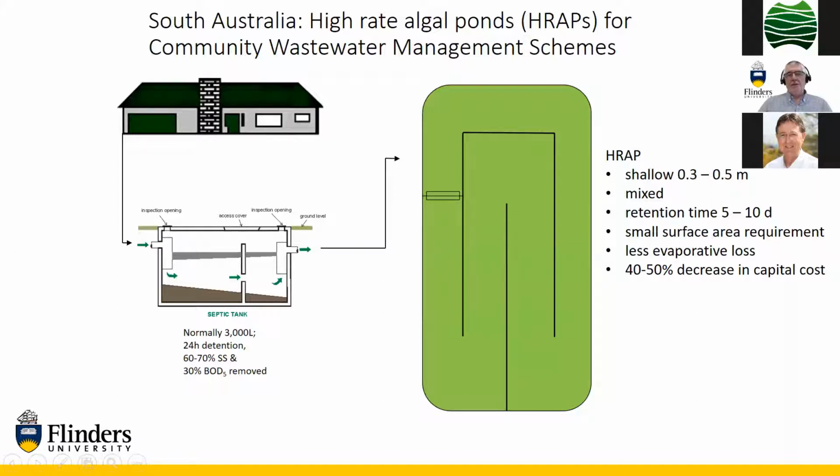It has shorter retention times because, as I'll show you through the webinar, the reaction rates are really much higher in these sort of systems. It has a small surface area requirement because the residence time is so much less. Because that residence time is less, it also means that there's less evaporative loss of the water, and also you decrease the capital cost because you've got a smaller area requirement, smaller earthworks, etc.